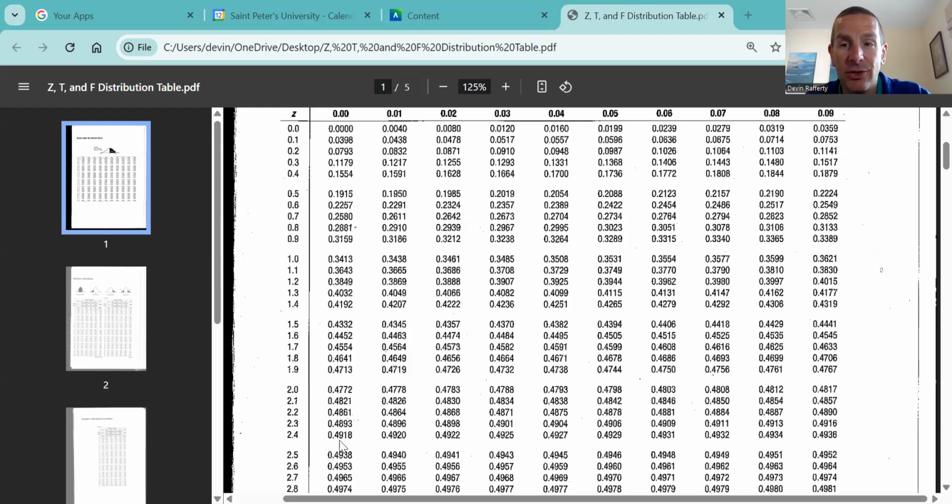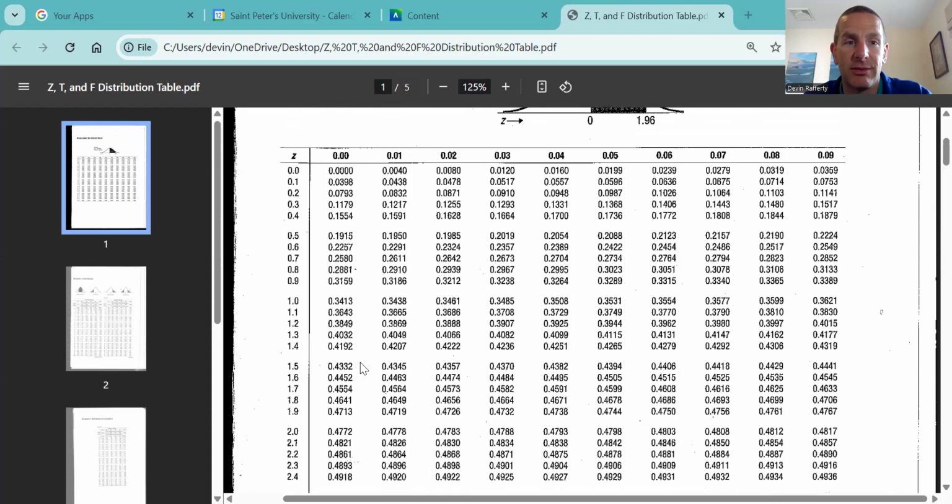The area under the curve for 2.40 is 0.4918. That's the answer. And since area is probability, the answer to the question is 0.4918.